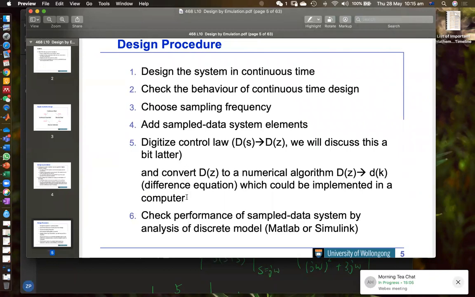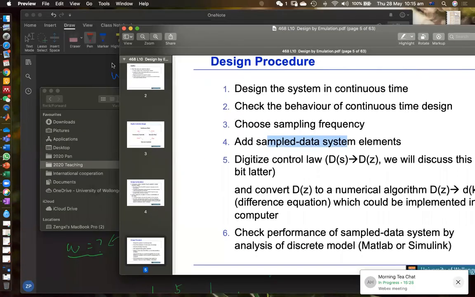Then you will be quite clear with what's going on, particularly for your project design. Okay, so we have to design the system in continuous time, check the behavior, choose the sampling frequency, add the sampled data system element. Okay, so this part is what happened in here.